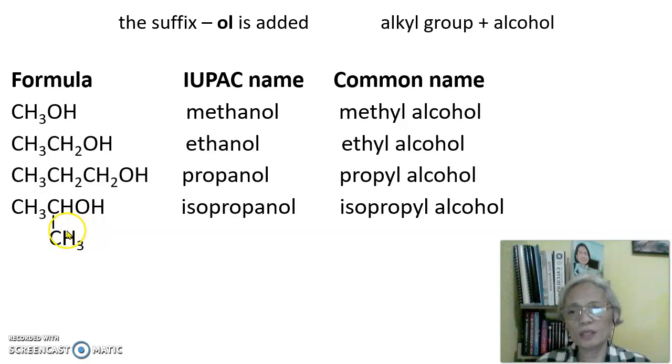And we have this, so there is branching at carbon number 2. So this is isopropanol or secondary propanol or isopropyl alcohol. So notice, if you use the common name, two words yon, yung alkyl group plus the word alcohol. Pag IUPAC name naman, one word lang siya.